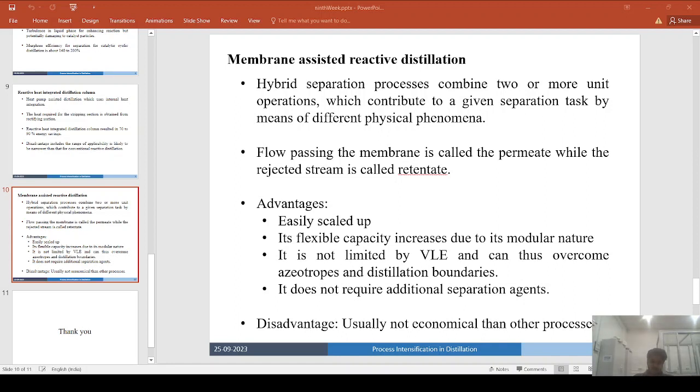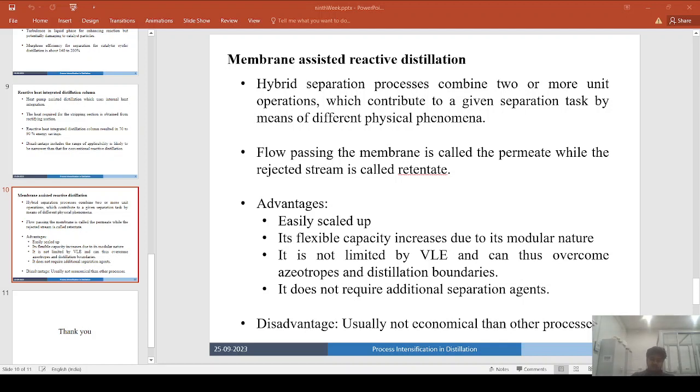So if the requirement is a very large permeate flow rate and very high purity of both permeate and retentate, then membrane processes will not be economically viable compared to other processes. But they do have their own advantages.